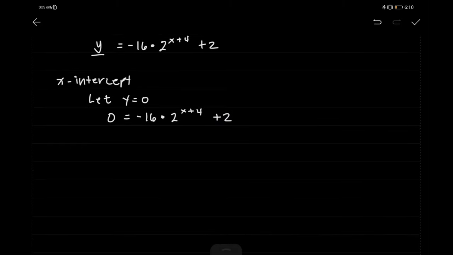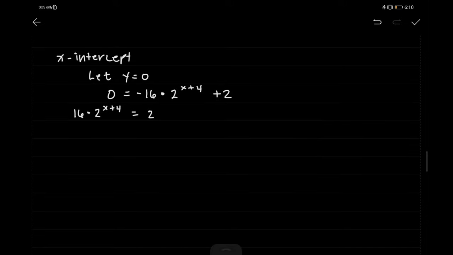So in this case, guys, lipat natin tong negative 16 times 2 raised to x plus 4 sa kabila para magiging positive. So this is 16 times 2 raised to x plus 4, which is equal to 2. So in this case, gawin natin silang equal base both sides.